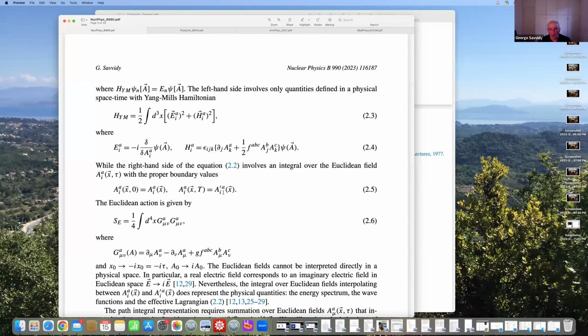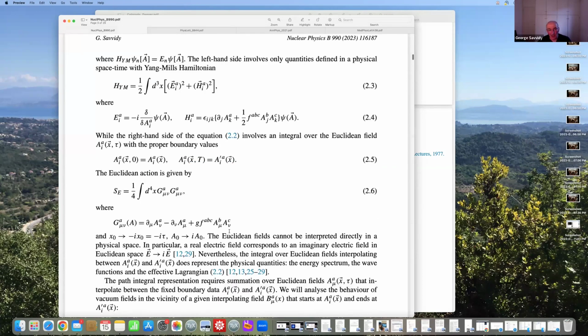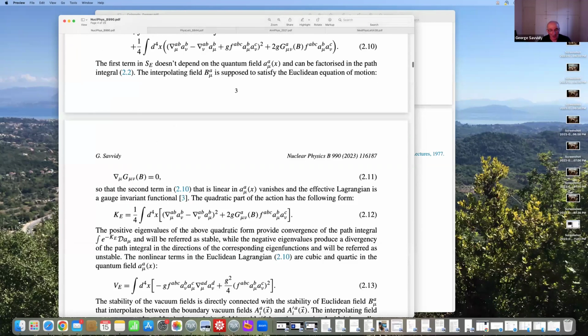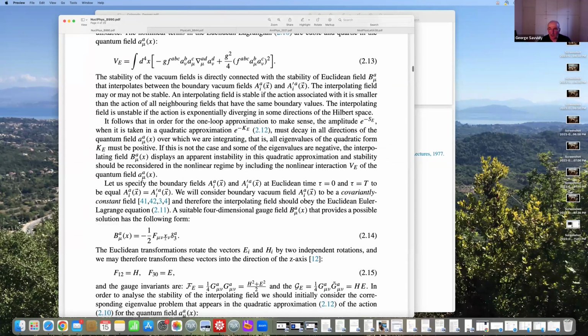Jan Ambjorn with collaborators, when they put the system on a lattice, they consider this field periodically, which means that when x nu hits the boundary, you should ask the field to be equal, which means that the flux starts to quantize.